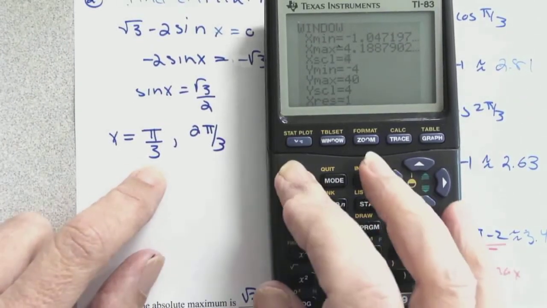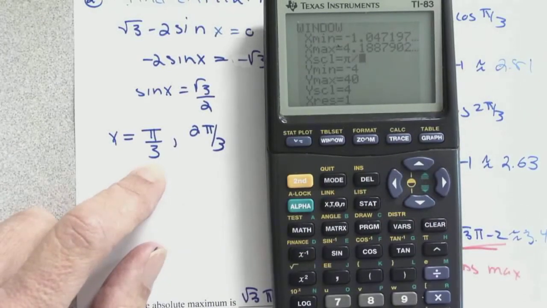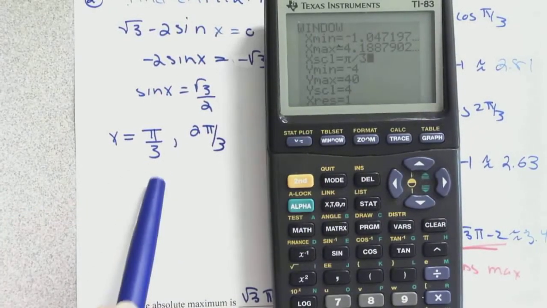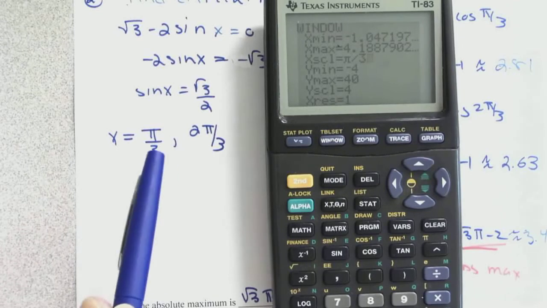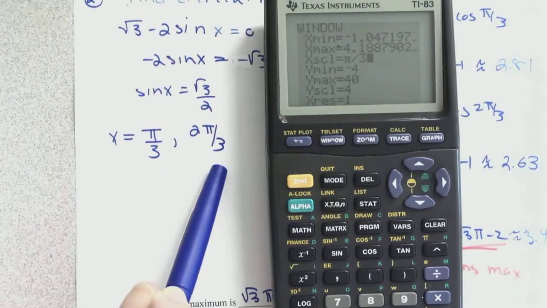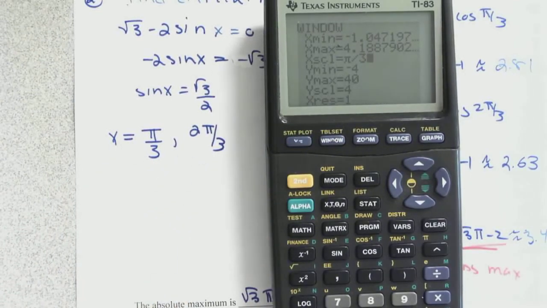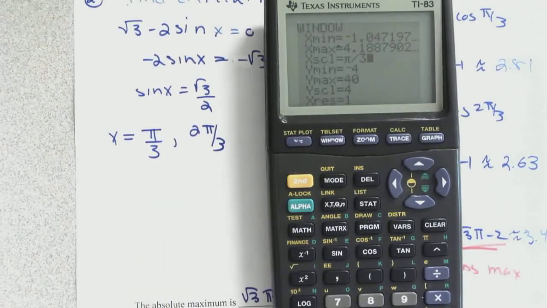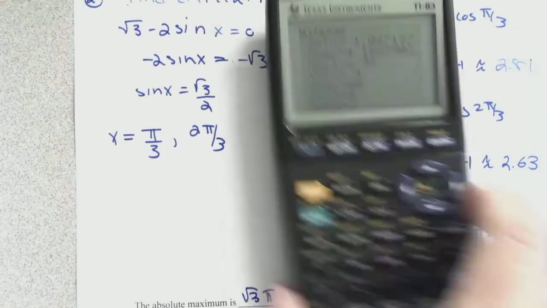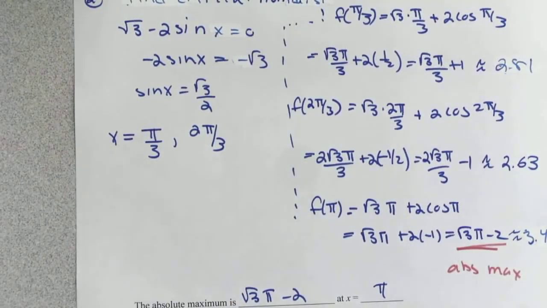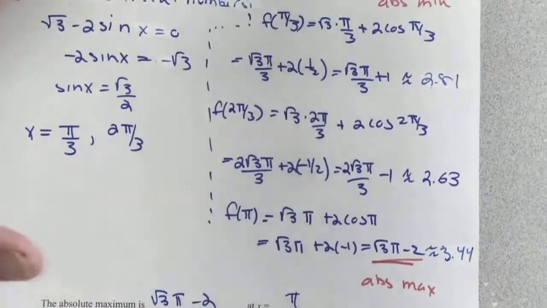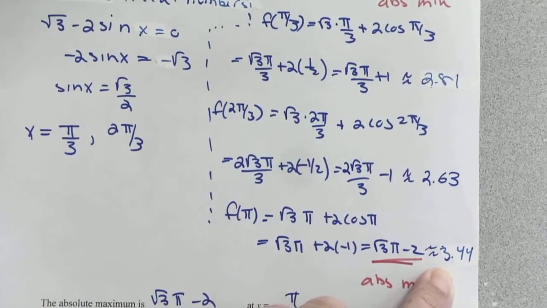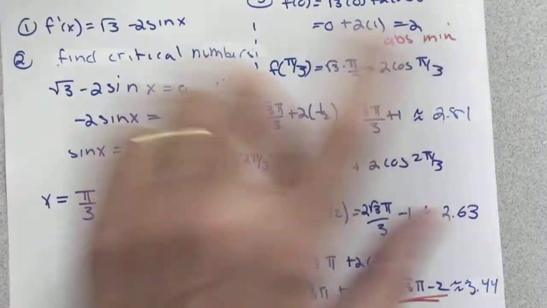And then I'm going to count by pi divided by 3, because both of my critical numbers were at multiples of pi over 3. And so by setting up my calculator to count by pi over 3, I can really look at the picture. Now, as far as my y values go, the biggest number I had was 3.44.